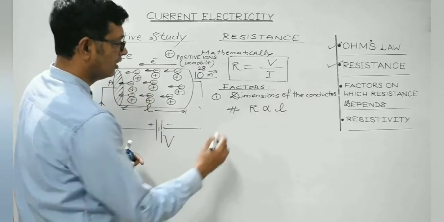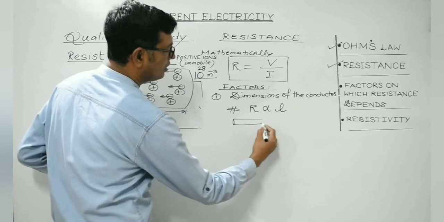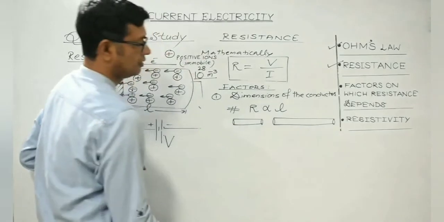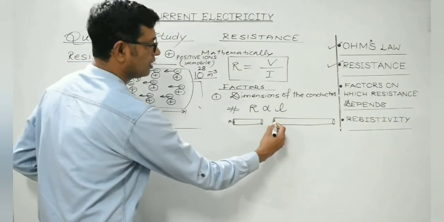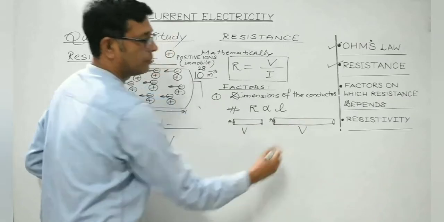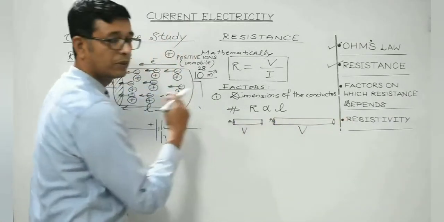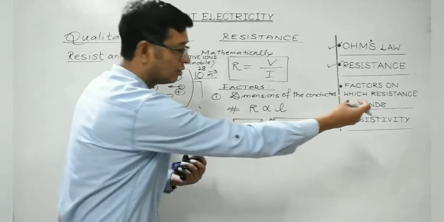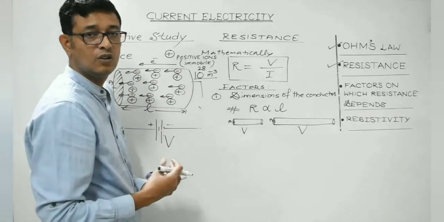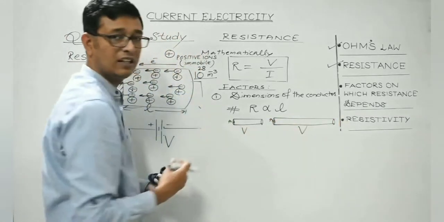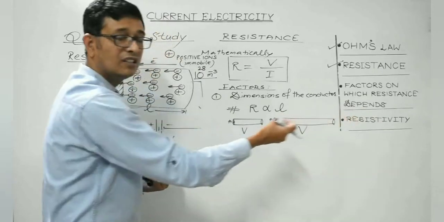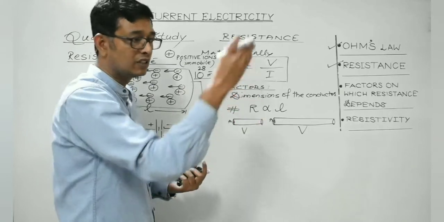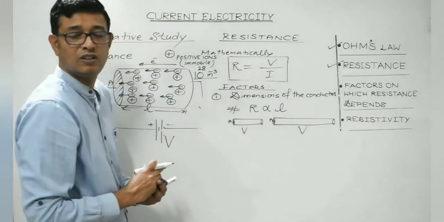It's a simple analogy. Consider a conductor of shorter length and another conductor of longer length, of the same cross-section area, and let the same potential difference be applied. Now electrons will tend to drift in a particular direction. In the conductor having larger length, electrons will have to traverse a larger distance, so the probability of electrons colliding with the vibrating ions will be much more.